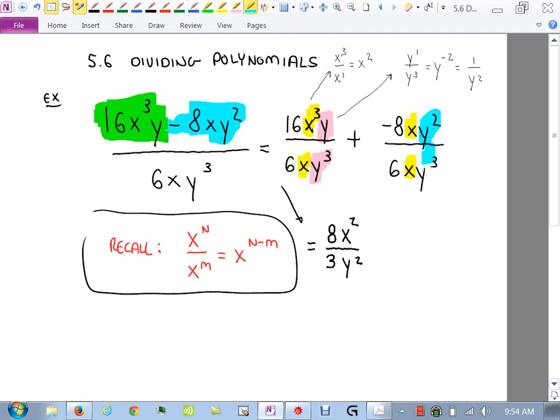That becomes a y to the negative 1, which really means that we'll have a y where? At the bottom. And then what about the negative 8 and the 6? What number goes into both of those? 2 goes into both the top and the bottom, right? So how many times does 2 go into negative 8? Negative 4.